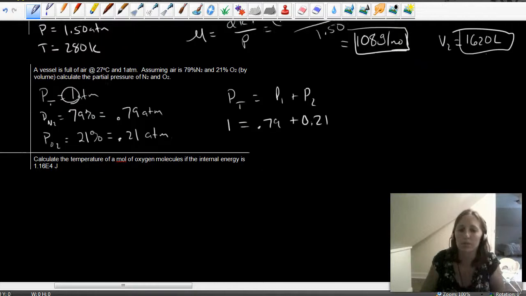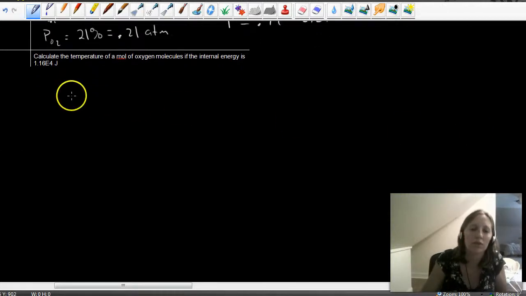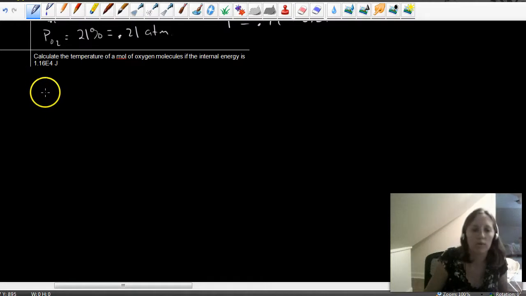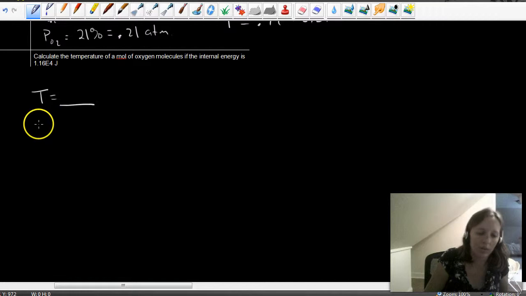All right, 5. Calculate the temperature of a mole of oxygen molecules if the internal energy is 1.16 e to the 4th joules. What we've got is looking for temperature. We know the energy is 1.16 e to the 4th joules.